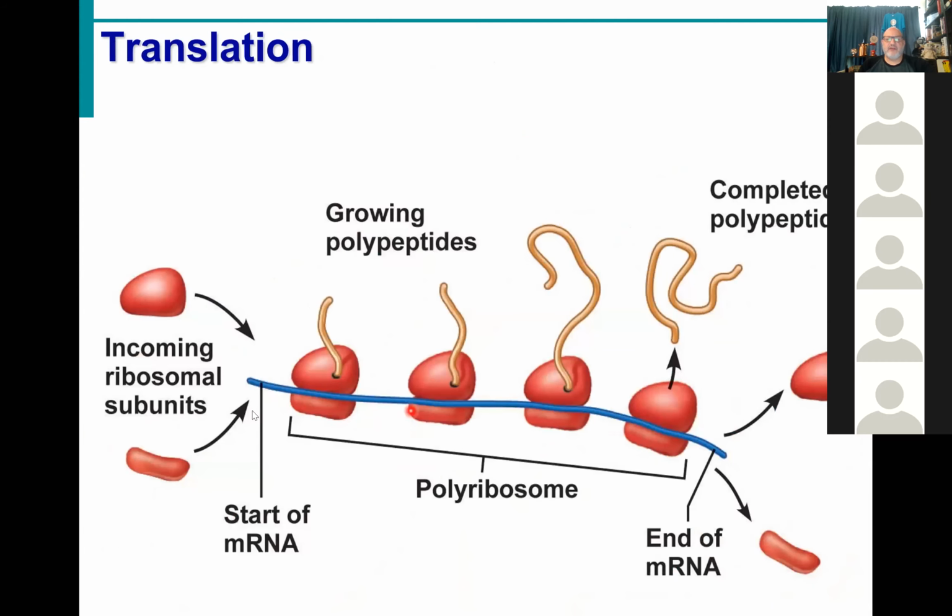Now, as I mentioned, here's a pretty illustration showing how a single messenger RNA can be read by multiple ribosomes at the same time, at which point you may say it can't really look like this.